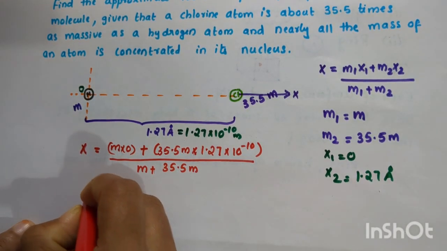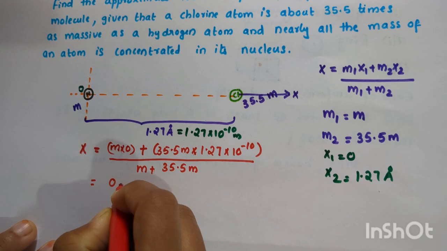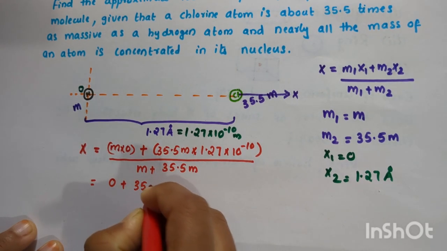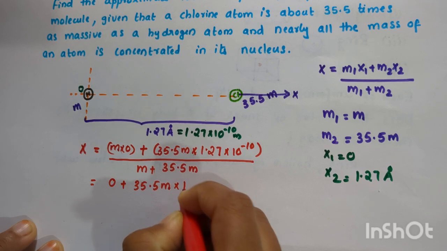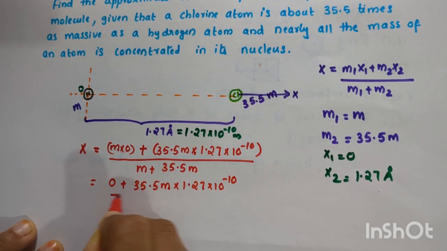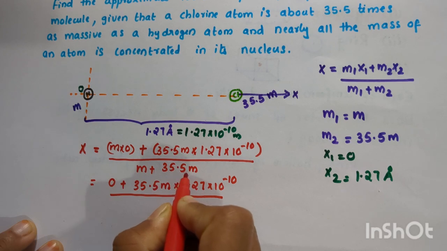So this will be equal to m into 0, plus 35.5 m into 1.27 into 10 raised to minus 10, divided by m plus 35.5 m.